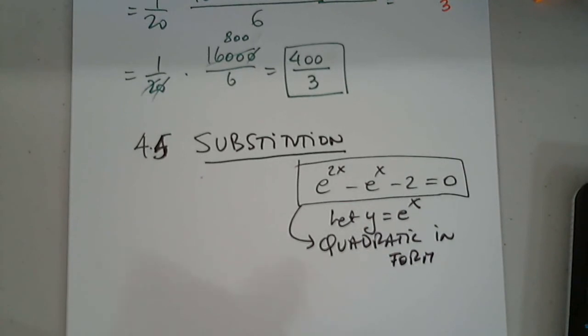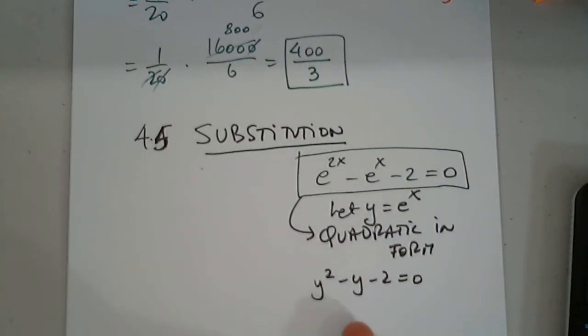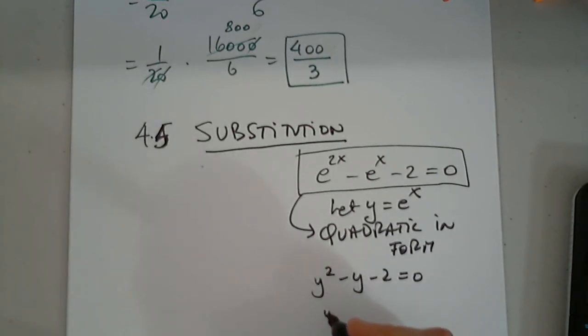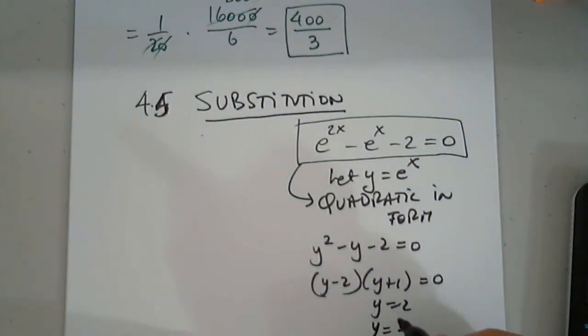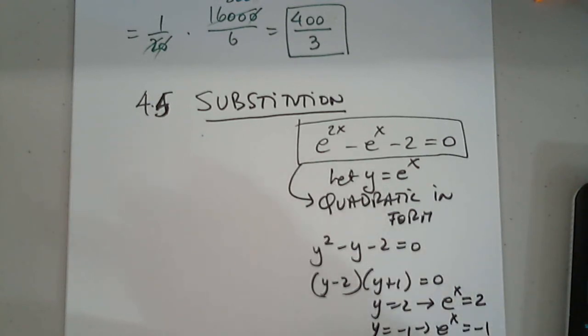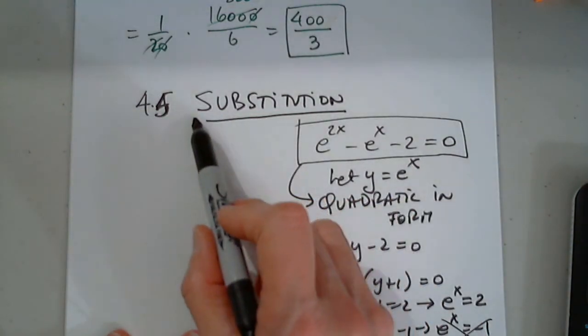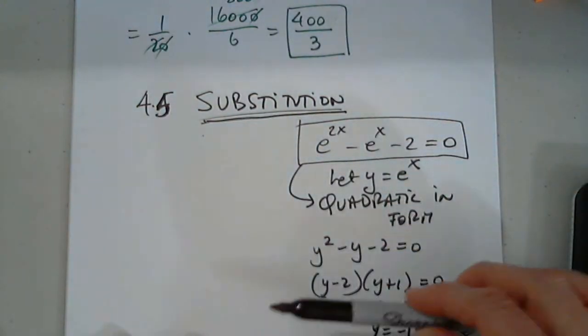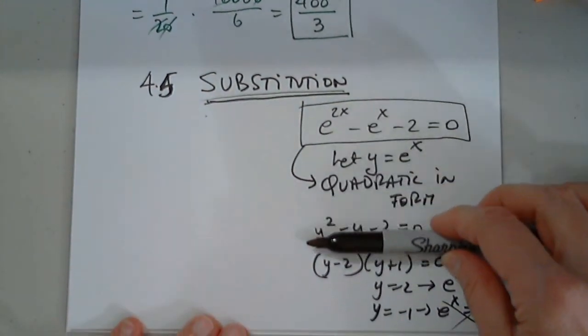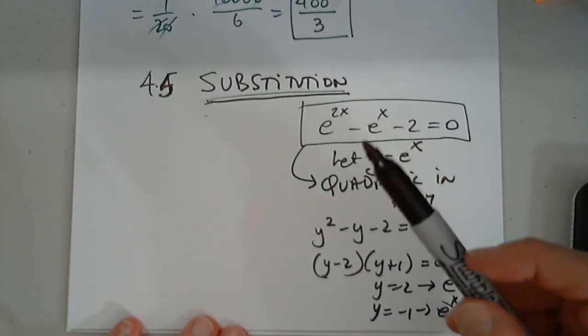It's not quadratic, but it can be replaced by a quadratic equation, and this I know how to solve. I will write y squared minus y minus 2, and then get y equals 2, y equals negative 1, and then go back and substitute. e to the x equals 2, and e to the x equals negative 1, which has no solutions, but here I have to apply log. So this substitution is basically a method that allows us to simplify something so we can solve it easier.